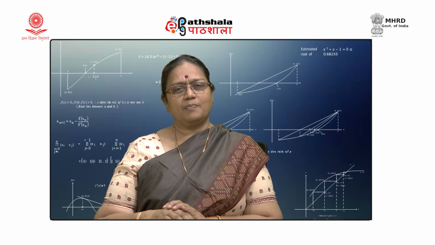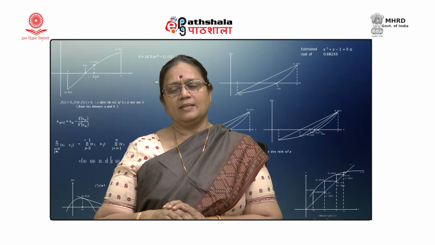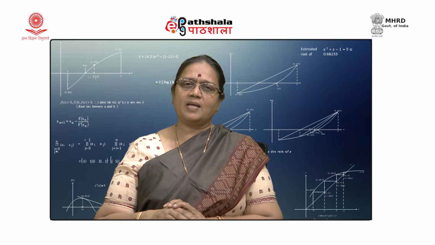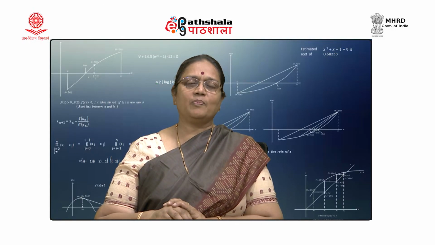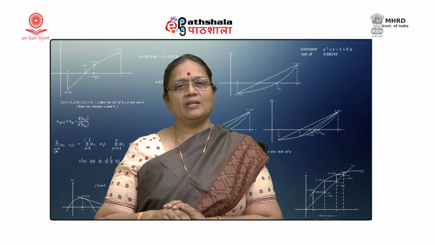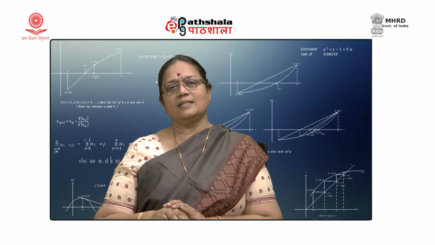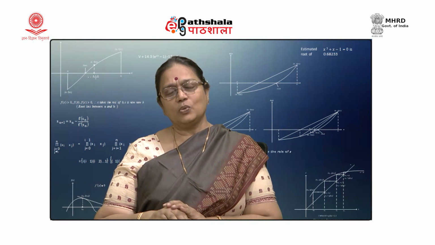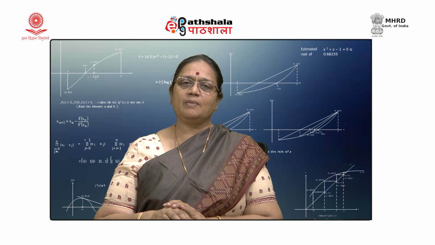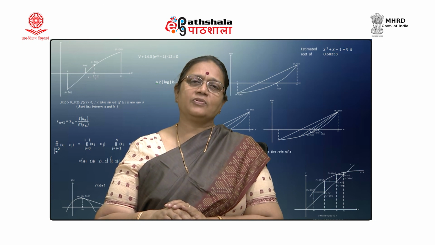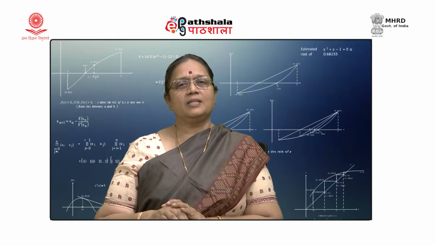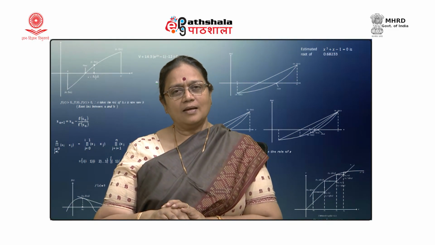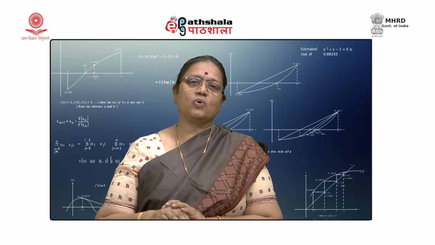But the concept, the method is the same: the left side is the Taylor series, y i plus 1 is y i plus h y i dash and so on up to h raised to 4 by 4 factorial times the 4th derivative at y, and the right side is the Taylor series of the terms in 2 variables, which is expanded in powers of h, and coefficients of equal powers of h are equated. But this time the number of unknowns is high and the number of equations to be solved is high.